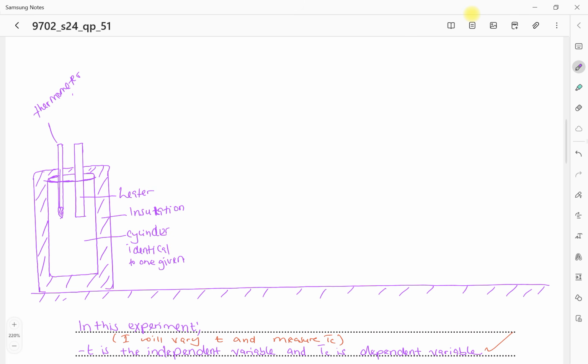So I insert an electric heater here, where I'll add a voltmeter, which is always connected in parallel. Then I'll add an ammeter, which is always in series, to give us the current. Then I'll add a power supply. Let me add the switch somewhere here.